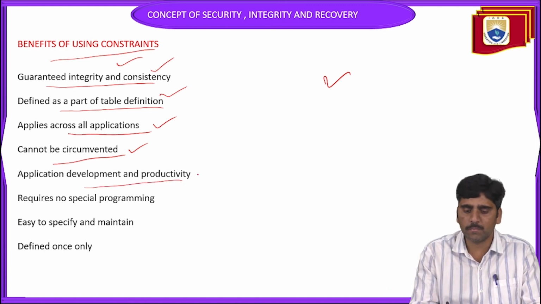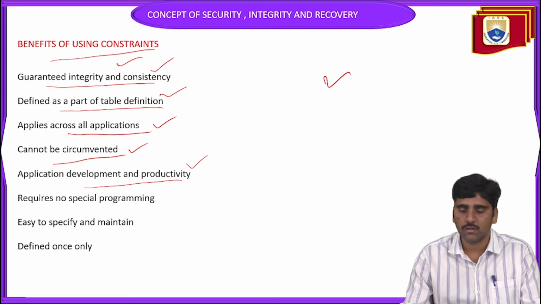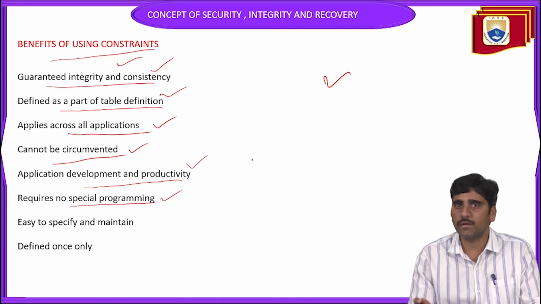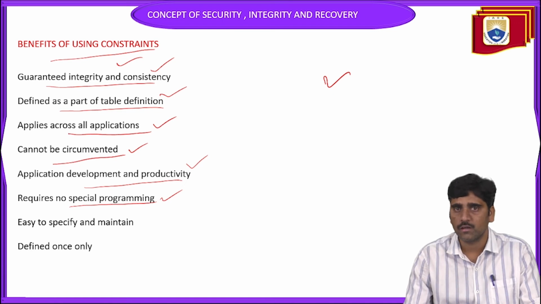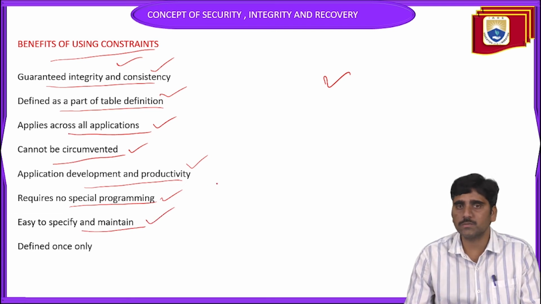Application development and productivity are also improved by using these constraints, and they require no special programming. To implement constraints, there is no need to write any special programming. They are easy to specify and maintain, both the tables and the database objects.